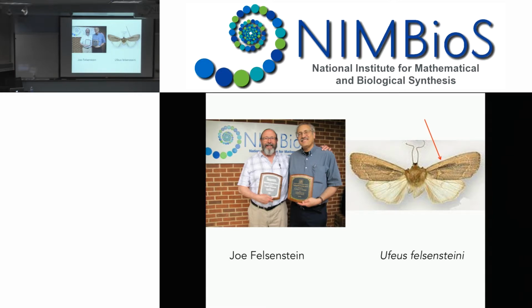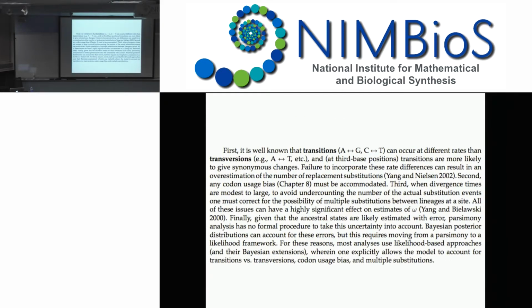Because of that, Eupheus felsensteini, a moth in southern Arizona with a long branch on the forewing, I named after Joe. One of the things likelihood models can do is account for the bias where transitions and transversions may occur at different rates.